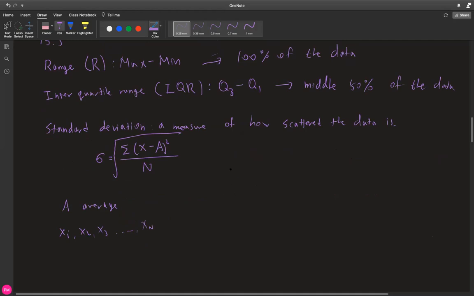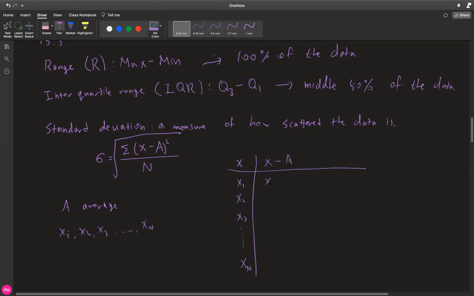simply what you're doing is it's always easy to draw a table like this. In the first column, you draw the x: x1, x2, x3, dot, dot, dot, xn. So you're simply labeling the data that you have. And knowing the average, we can simply find the difference. And this is called deviation from mean.